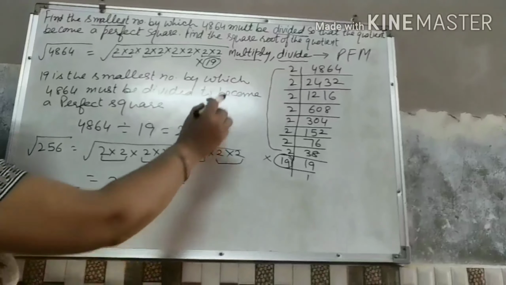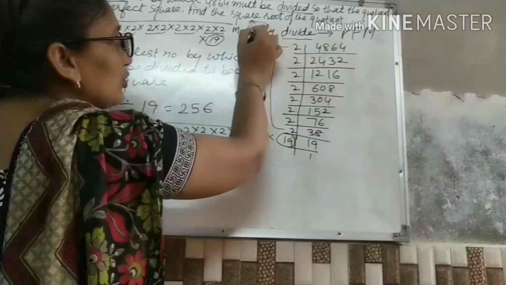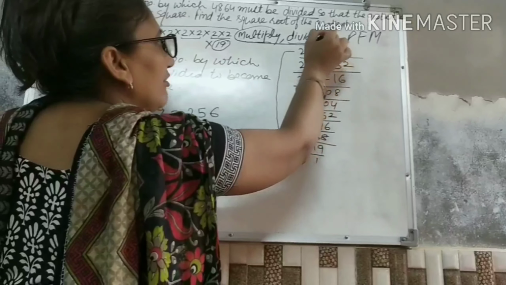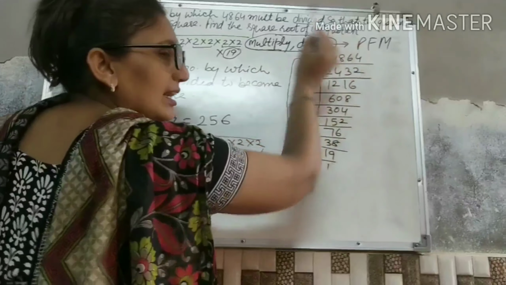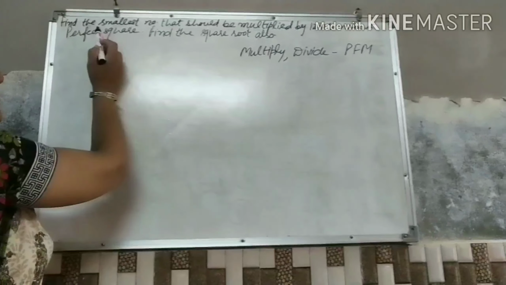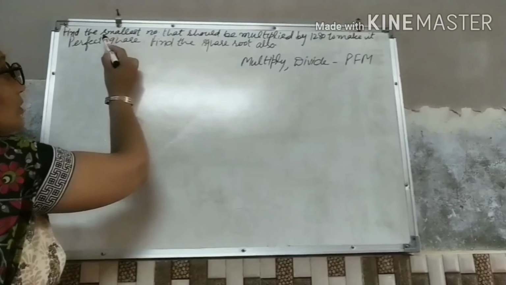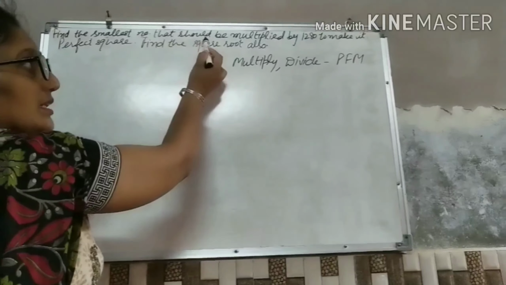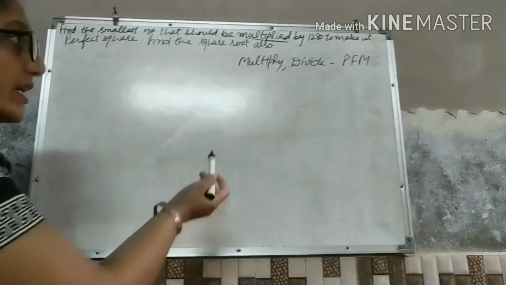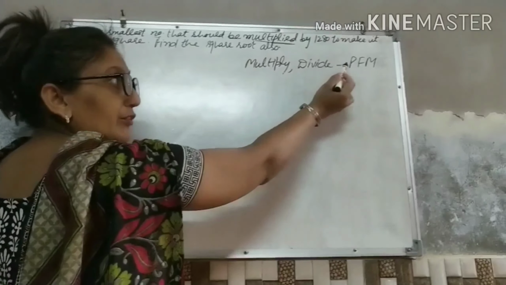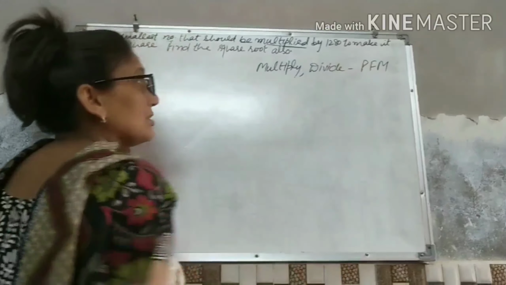So understood students? If they have given you the word multiply or divide, then you will follow the prime factorization method. In this question they have asked to find the smallest number that should be multiplied. So again, in multiply and divide we will follow the prime factorization method.